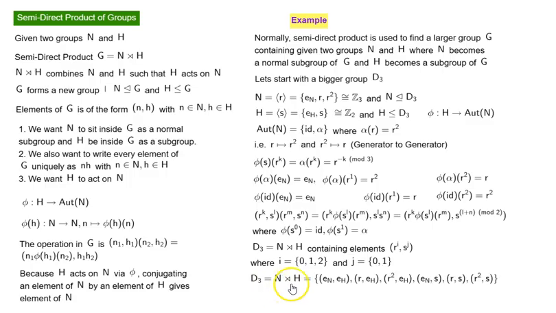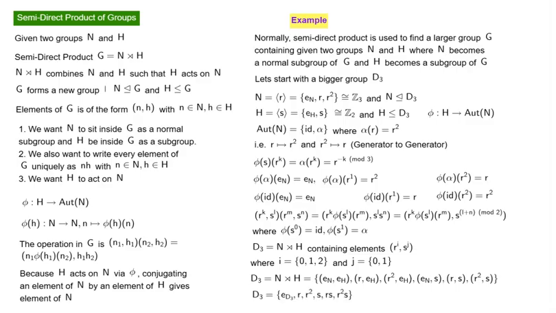So D3 is equal to N times H, which is the ordered pairs E sub N, comma, E sub H; R, comma, E sub H; R square, comma, E sub H; E sub N, comma, S; R, comma, S; R square, comma, S.